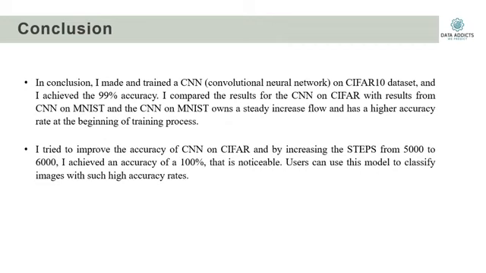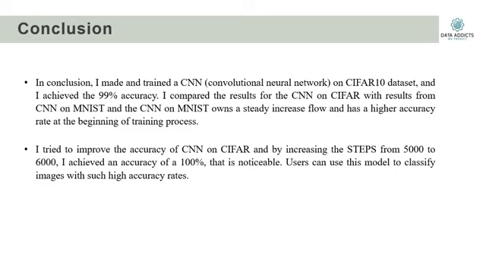So in conclusion, I'm going to talk about what I did in my project. I made and trained a CNN, convolutional neural network model, on a dataset named CIFAR-10. And I achieved 90% accuracy at my first attempt. And that's good news because that's a great accuracy measure.